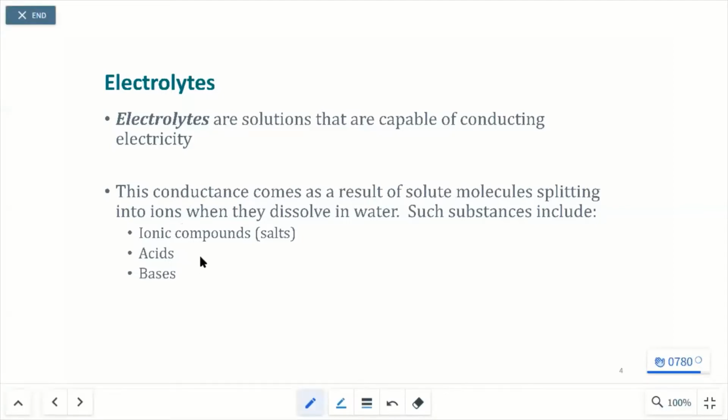We should also be able to identify acids. That is substances whose chemical formulas start with H. So if it has hydrogen and then something else, chances are pretty good that it's an acid.